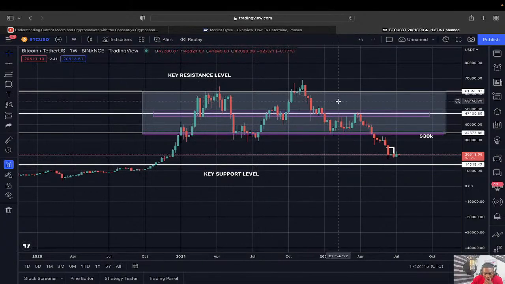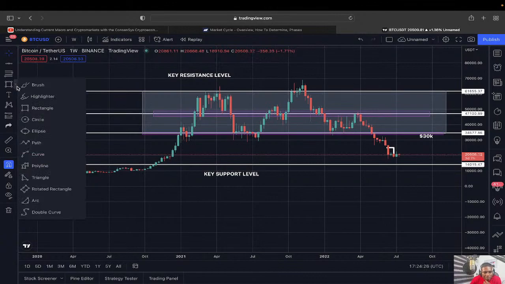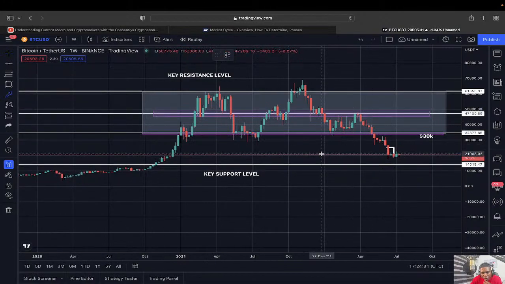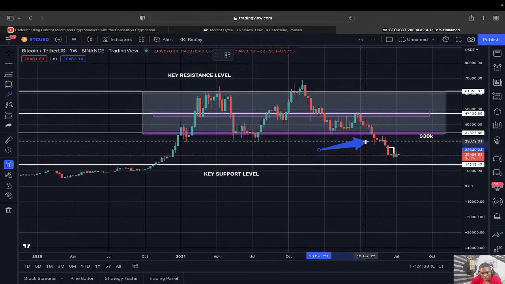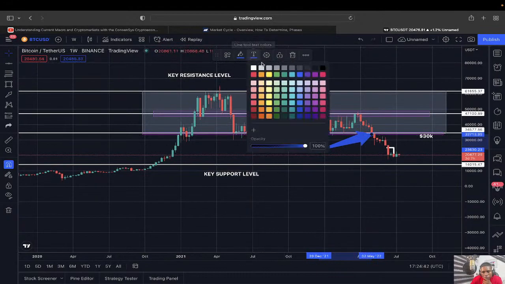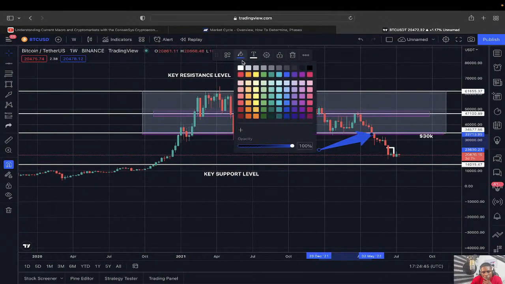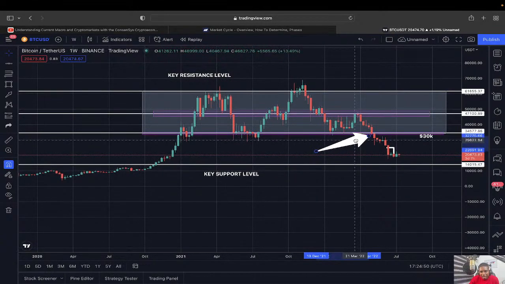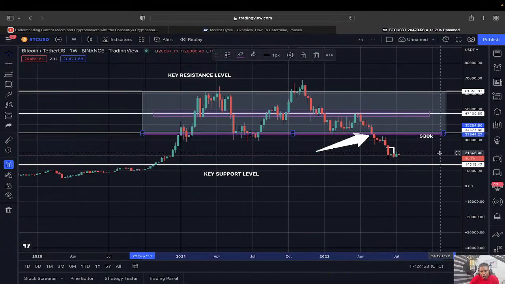It's consolidated within this box before breaking out. So observe that the breakout took place at this region.